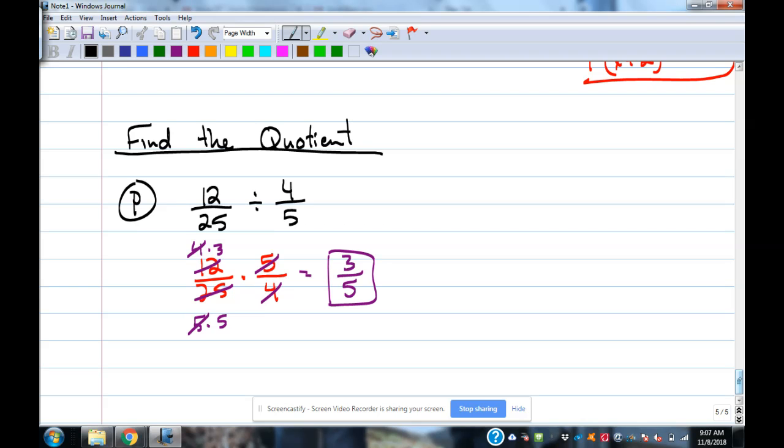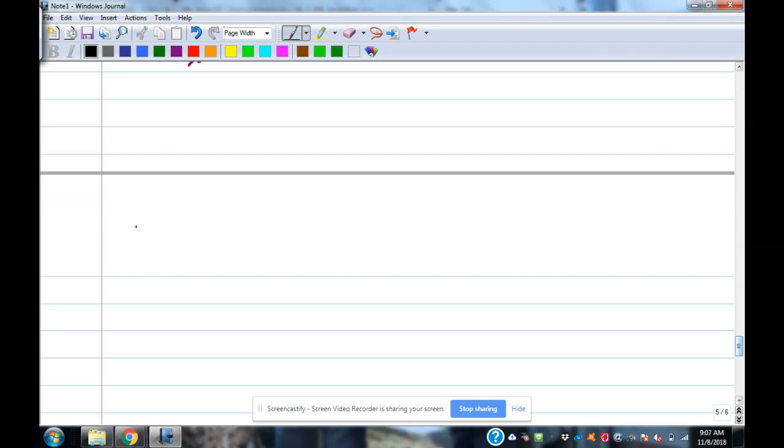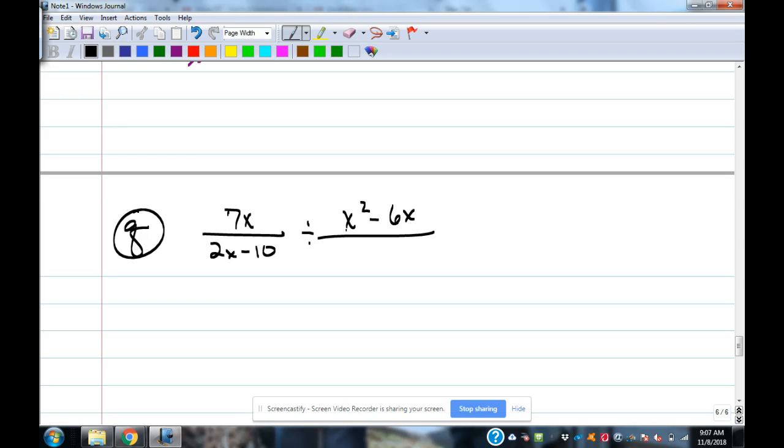Let's get a polynomial. 7x over 2x minus 10 divided by x squared minus 6x over x squared minus 11x plus 30. It's a division problem.